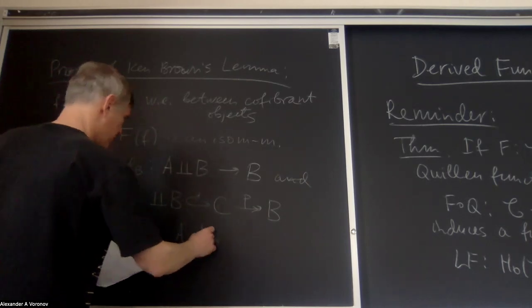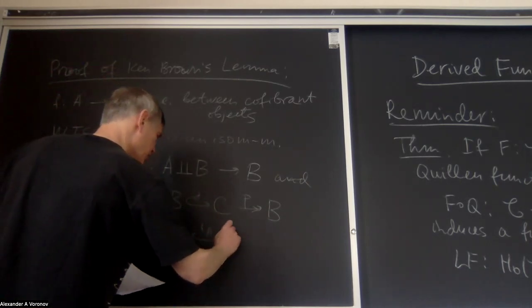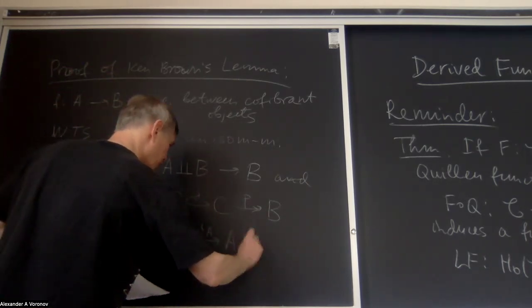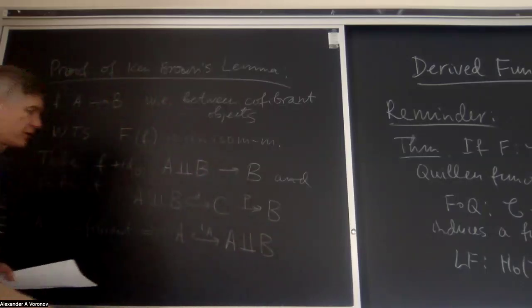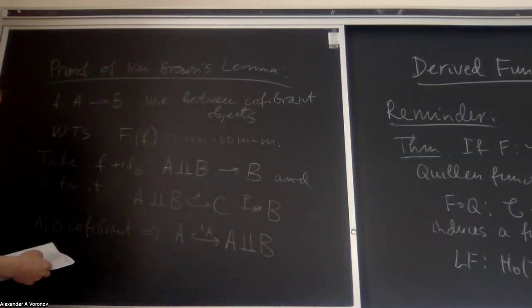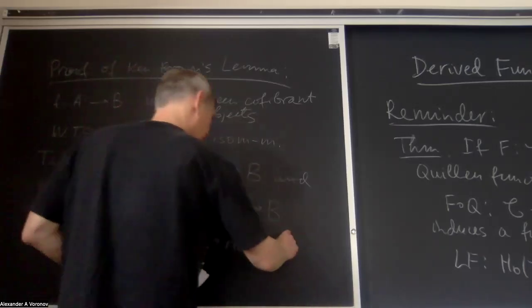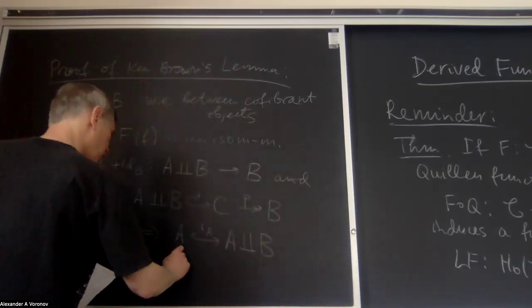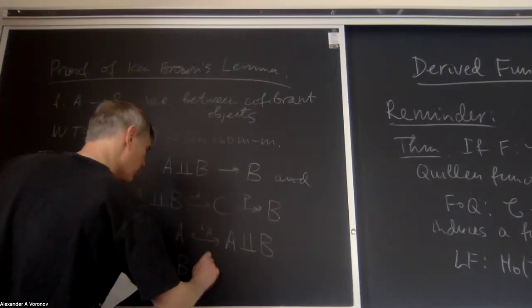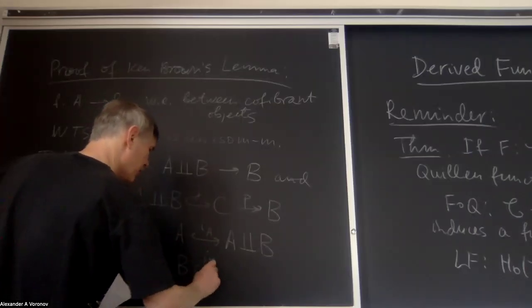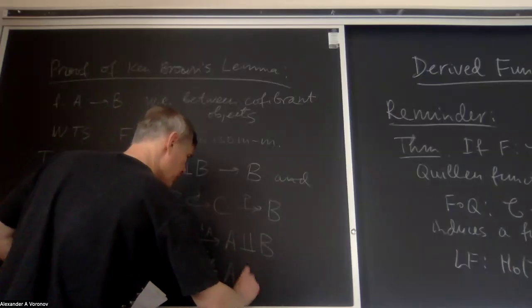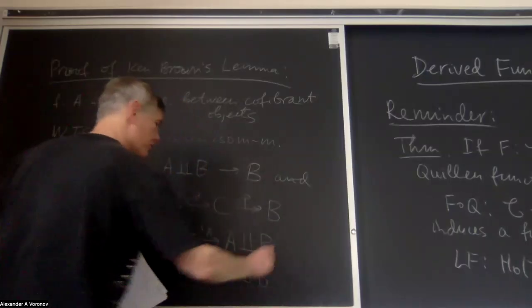The morphism from A to A union B, or A coproduct B, which I call i_A, is a cofibration, and also the morphism i_B from B to A union B is a cofibration.